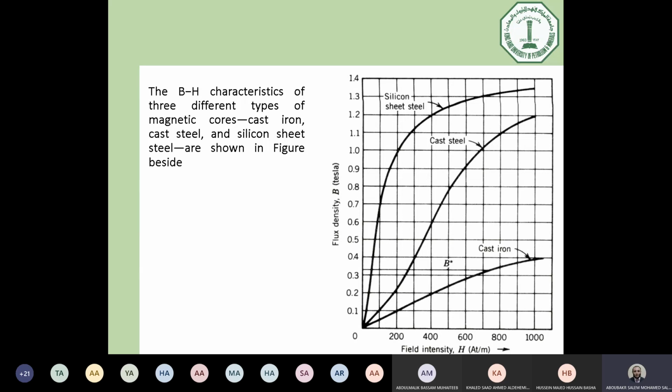So it's not preferred to work at the high values of permeability of the material itself, which means close to the saturation region. However, when you design any kind of machine, it's better to select the material which has high permeability compared to other materials.